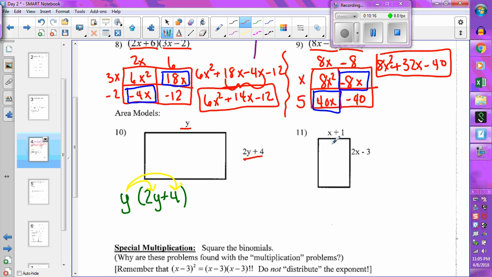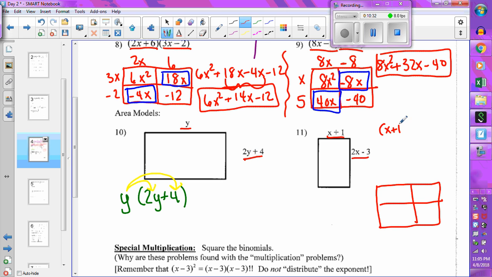Now, moving along to this one, you have two terms. This is the same thing like what we just did with the box method. So it's the same thing as saying, I'm going to draw the box for you. I'm going to write your terms right here.